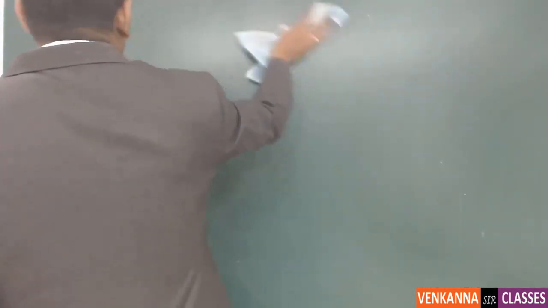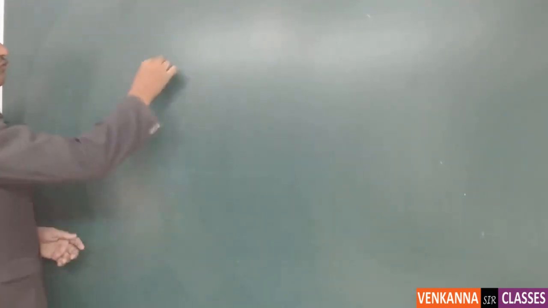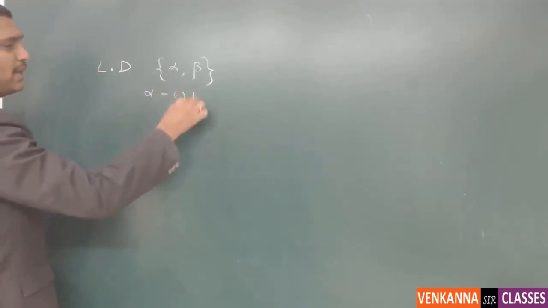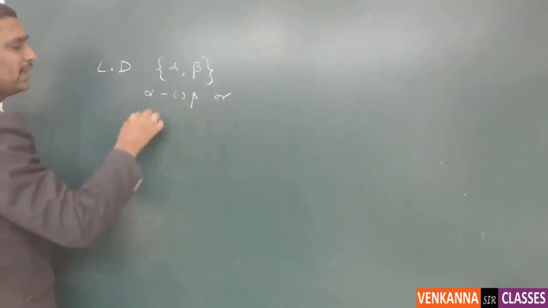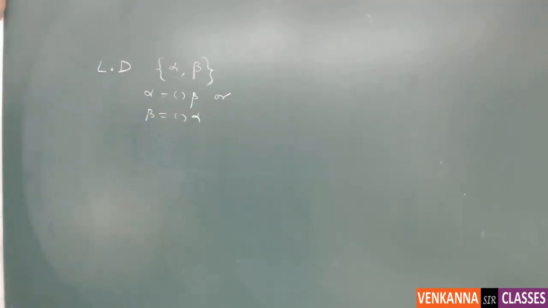So if I say that I have taken a set which consists of only two vectors, alpha, beta, then if I have mentioned that this set is linearly dependent, immediately we can say that alpha is equal to some number into beta or beta is equal to some number into alpha. Okay? Clear? Please take a note of this one.